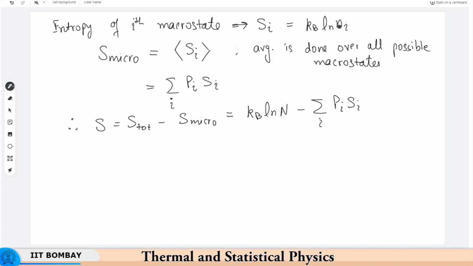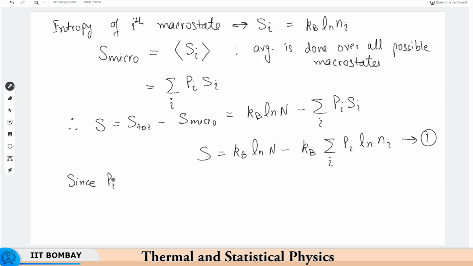And what is Si? This is Kb times log ni. So, S is Kb times log n minus Kb times the summation over i of Pi log ni. Let us call this equation number 1, and this S is the entropy contribution due to these macrostates.